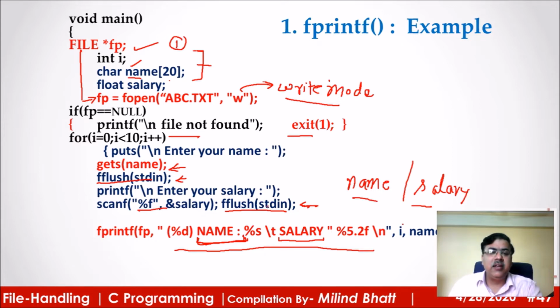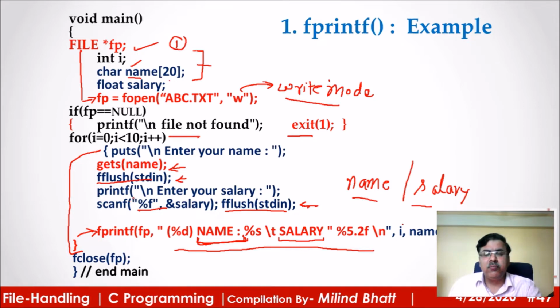And this i belongs to which record number you want to submit, what is the name, and what is the salary of that particular employee. Once all such operations have been done successively, you close your for statement, and once all entries have been done, close the file and finally end your program.